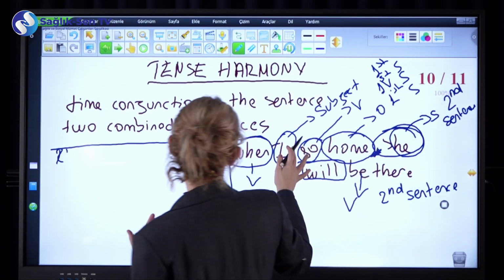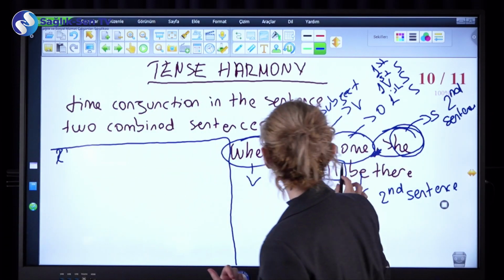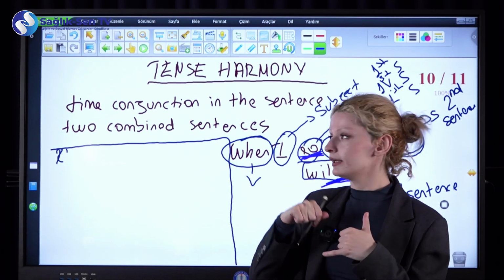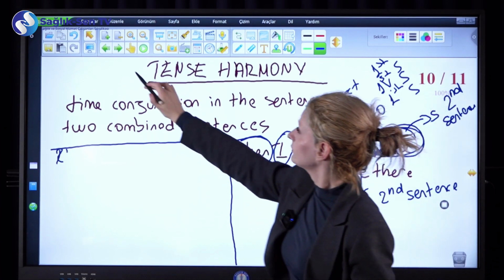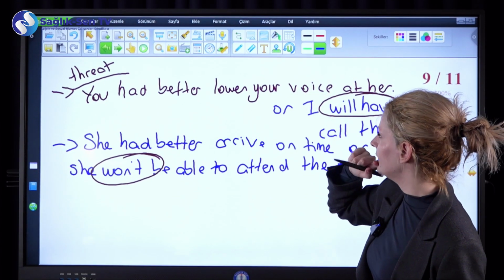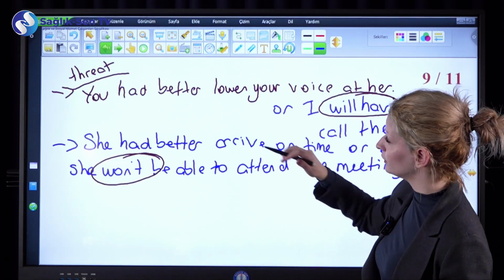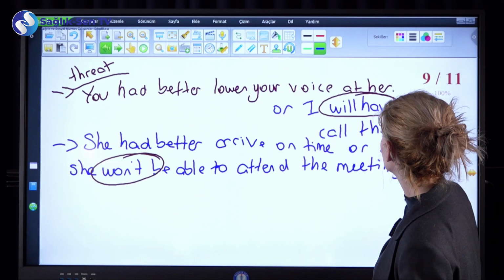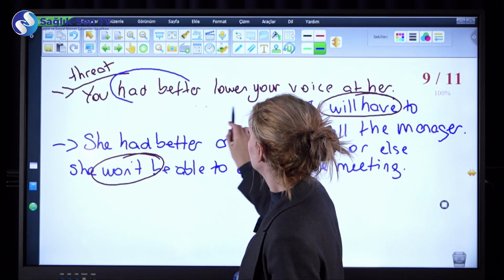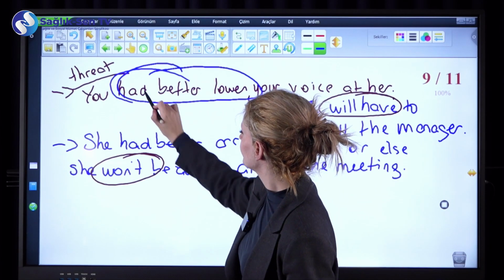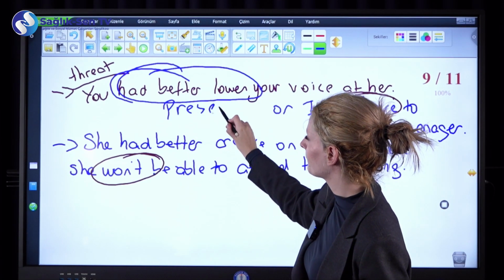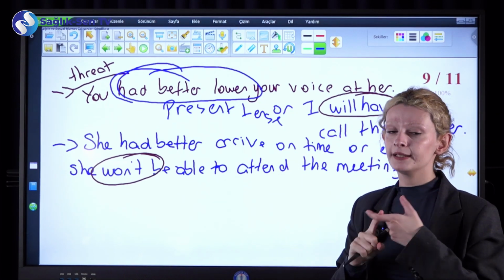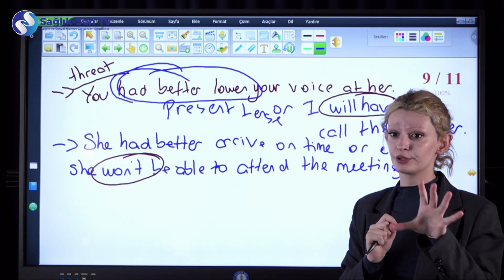Again, when I go home, you can see the present simple and the future here, so they are in time harmony. Or when you look here, you had better lower your voice at her, or I will have to call the manager. You can see the present tense here. How do I understand that this is the present tense? Had better belongs to present.